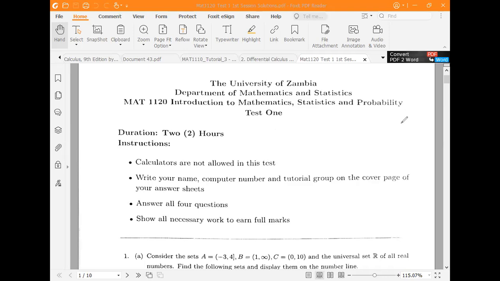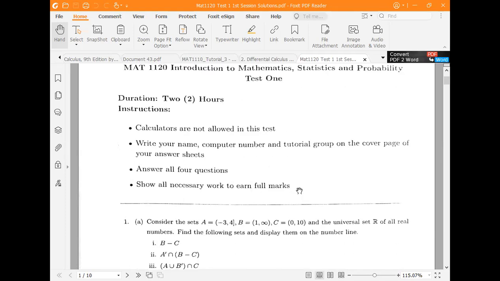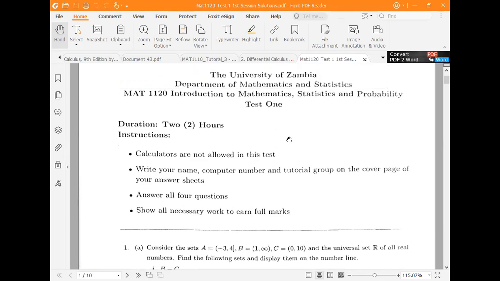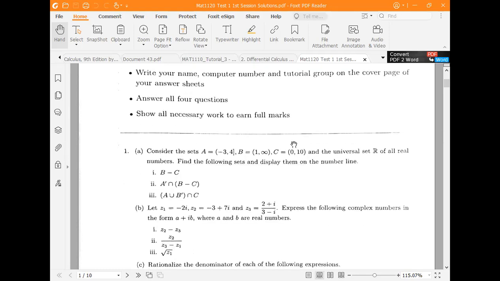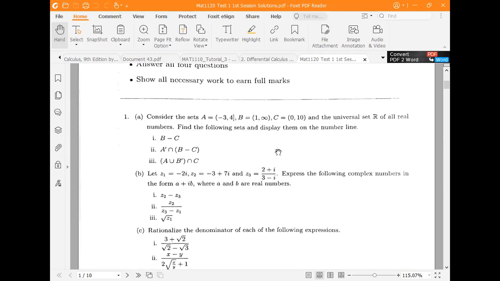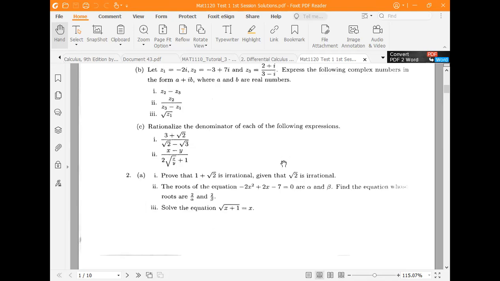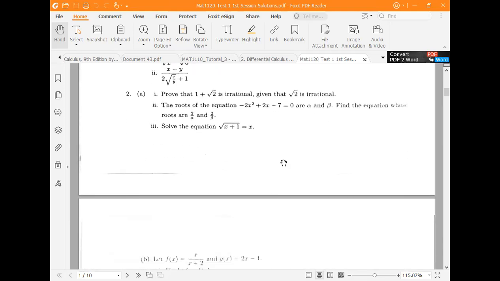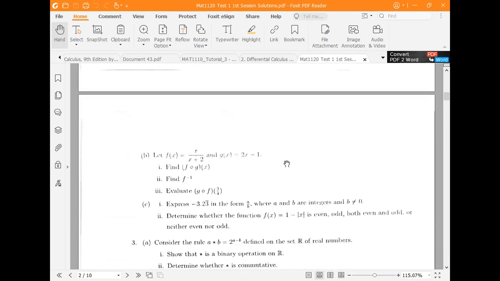Okay, so let's check. This is test one. You remember this? This is test one from last year. This is what was there. This is question 2. Question 3 here.